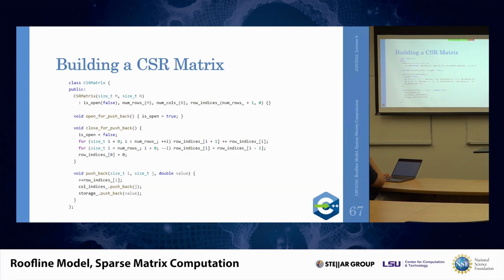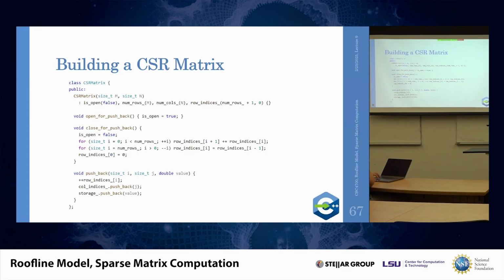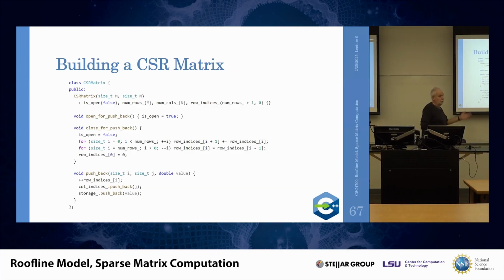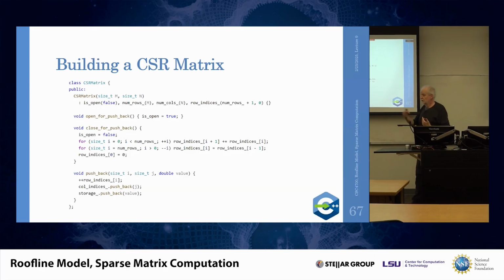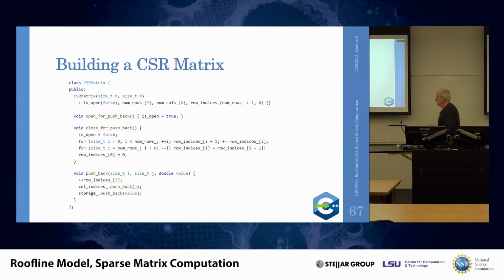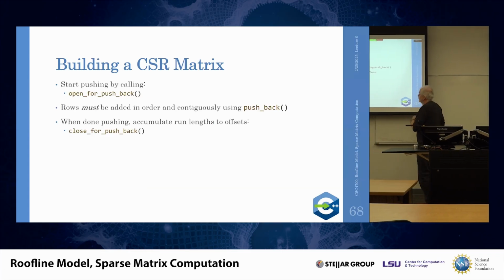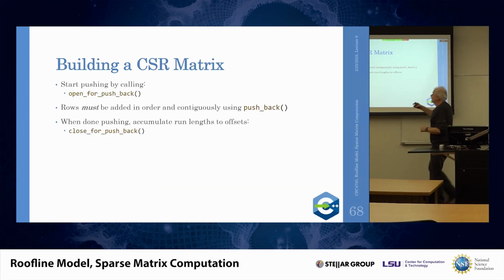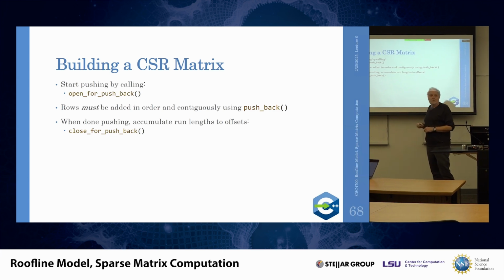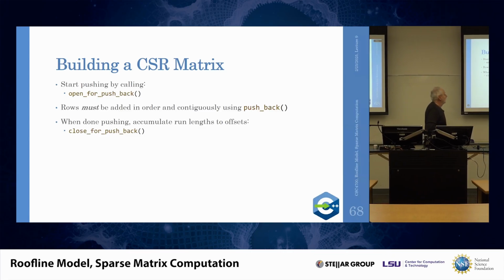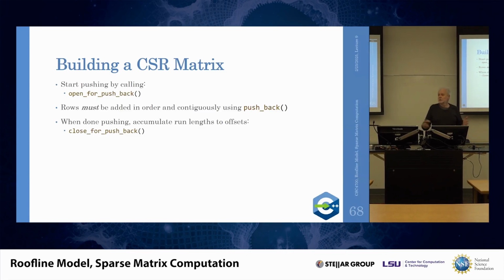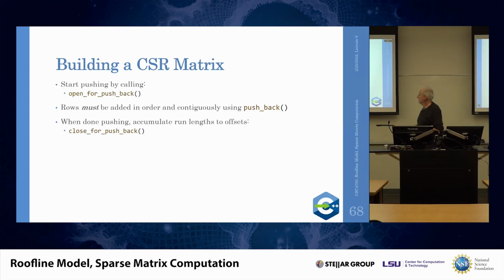And once they are done pushing back values, you have to call a function, in this case close for pushback, which will do the appropriate reorganization of the underlying data structures and will compute the run lengths, indices, and so on based on that format. So in order to build a CSR matrix, you first call open for pushback, then you call pushback as often as you need with the triplets of values, and then you call close for pushback, after which you have the compressed format in your matrix and you can work with this. Okay.